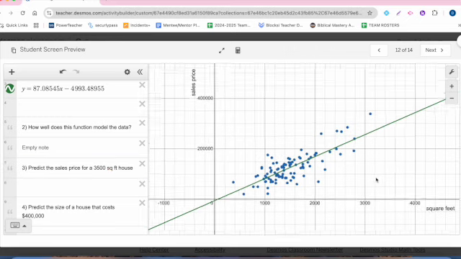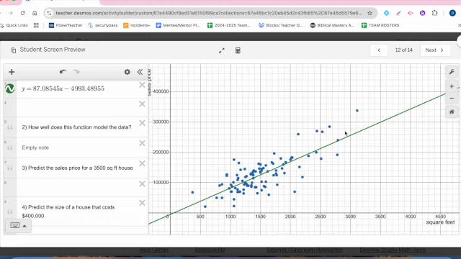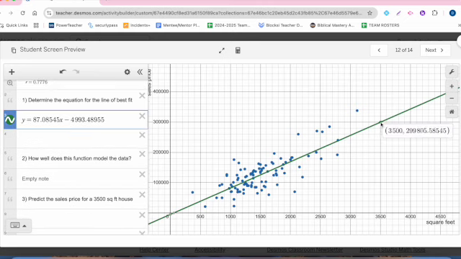We can imagine you're in real estate or you're shopping for a house. What if we were looking at a house that's bigger than anything we have in this data set, right? We can extend out to 3,500 square feet and get a fairly accurate prediction of what that house would cost. So we could use our line, looking at the graph, and try to get it back to 3,500.